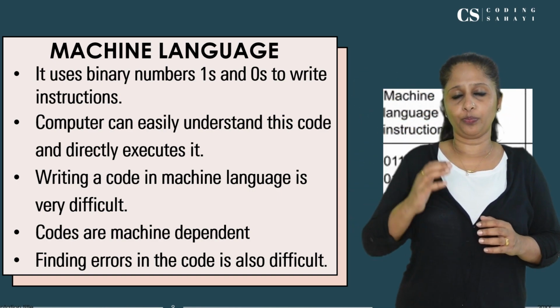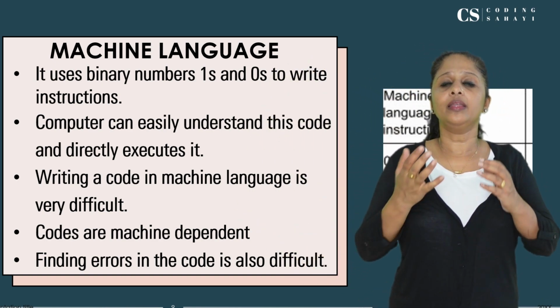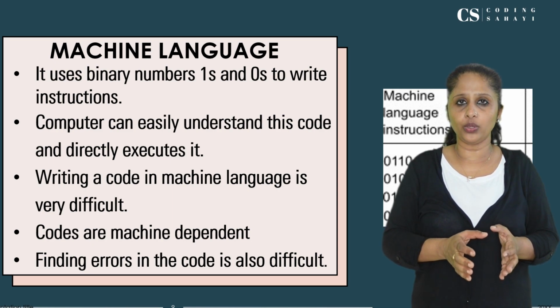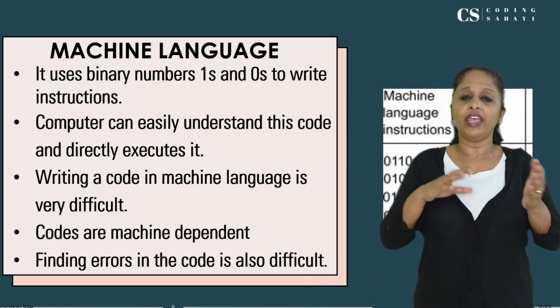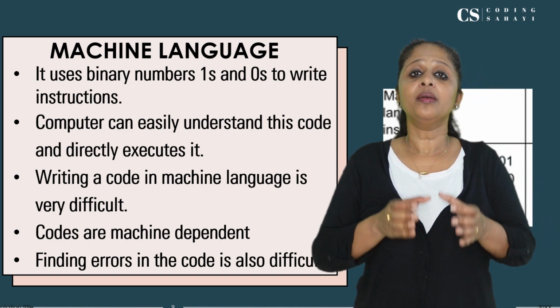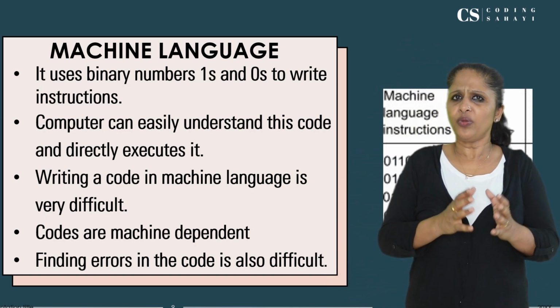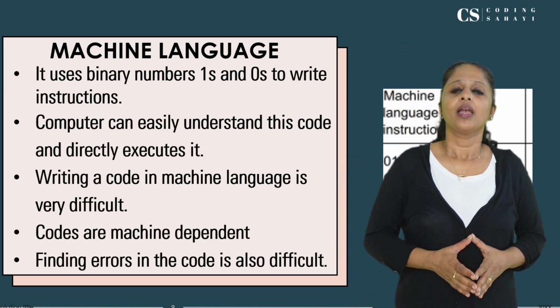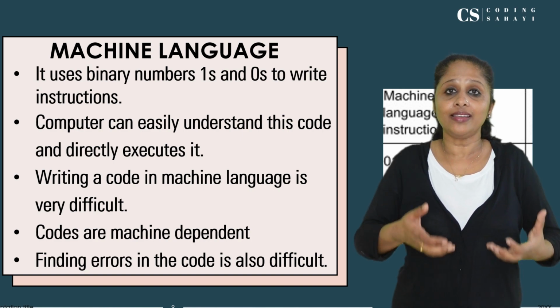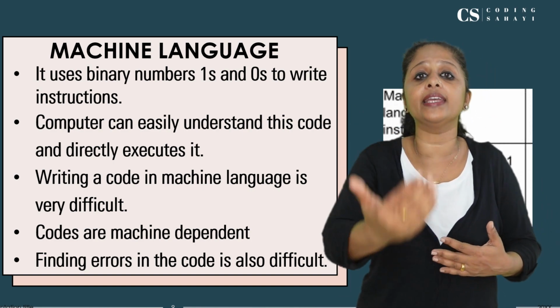So, programmers used to write the programs in machine language. That is, to add two numbers or to display your name. For everything, they used to write machine language. It is very difficult to write machine language instruction, isn't it? But computer easily understands this language and directly executes it.